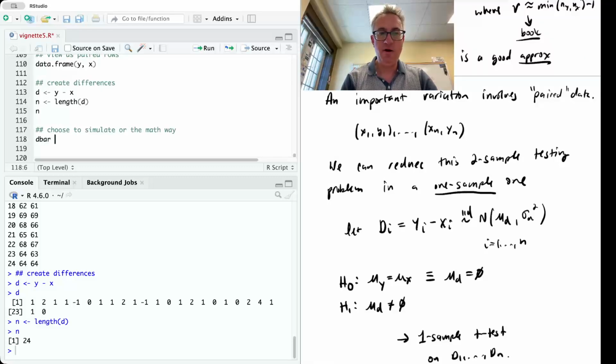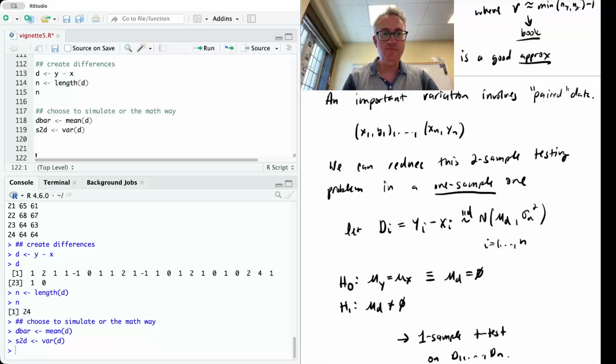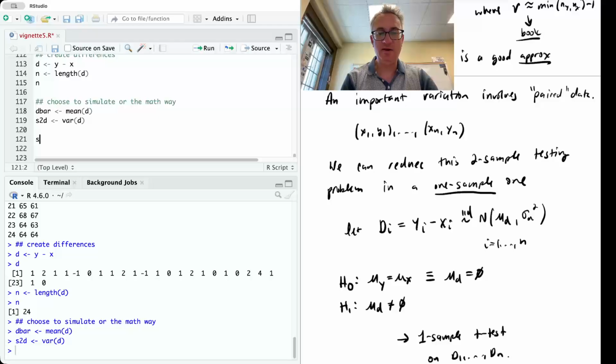So d bar is the mean of d, which is my estimate of the mean. Then my estimate of the variance is s_d squared, and then I can calculate the standard error. The standard error is the square root of the estimate of the variance divided by n.